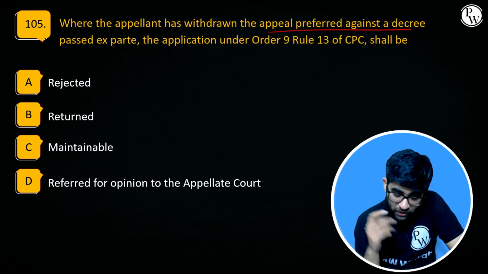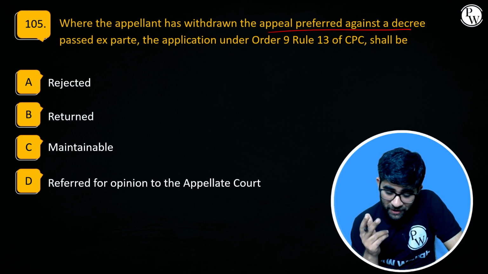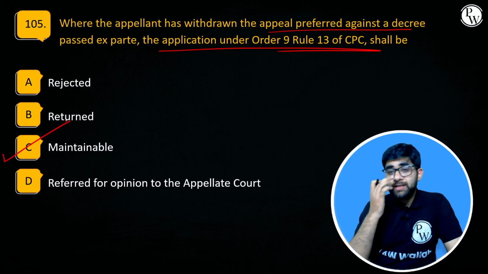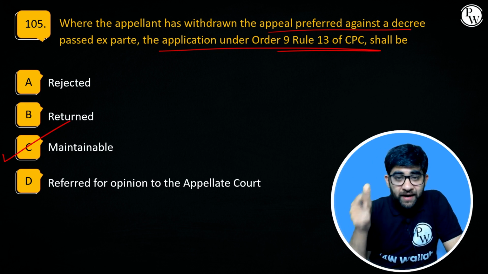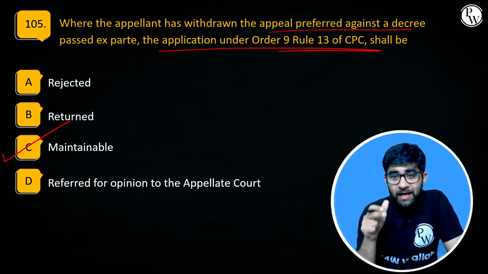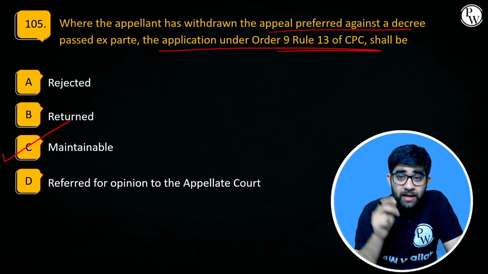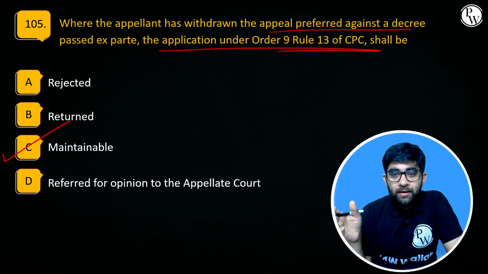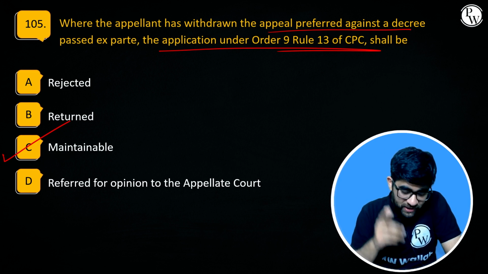Okay, it is maintainable. See, the defendant approaching the higher courts or the defendant filing an application under Order 9 Rule 13 in the same court are concurrent remedies and do not bar any of the other proceedings, right? So it is maintainable.